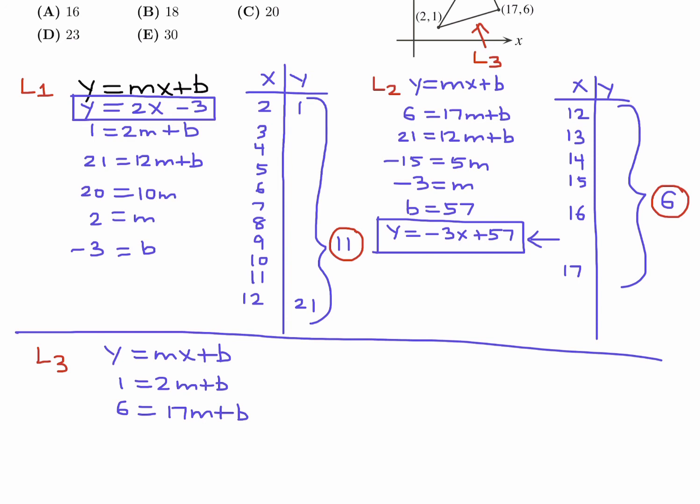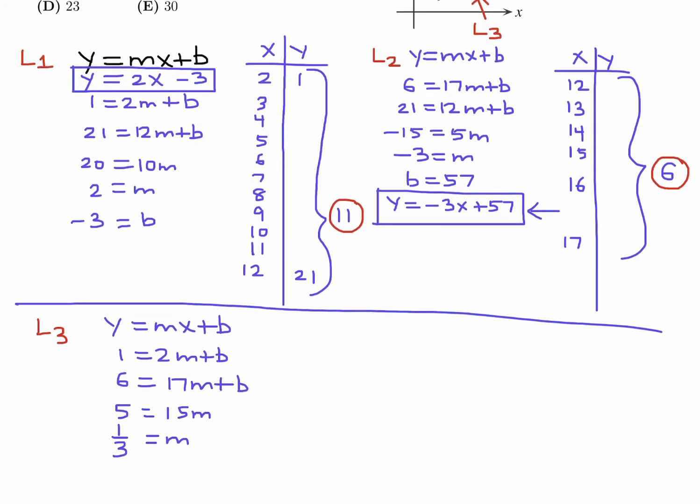Solving for this, if we subtract, we get 15m is equal to 5, and therefore m is equal to 1/3. Substituting m equals 1/3 back into any of those equations, you'll get a b value of also 1/3.